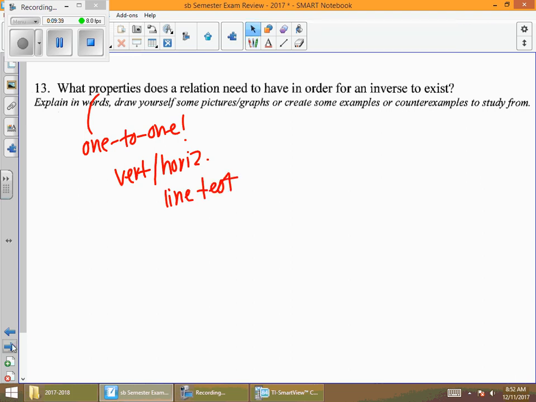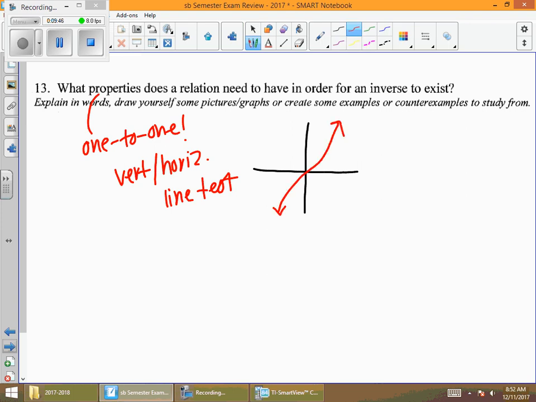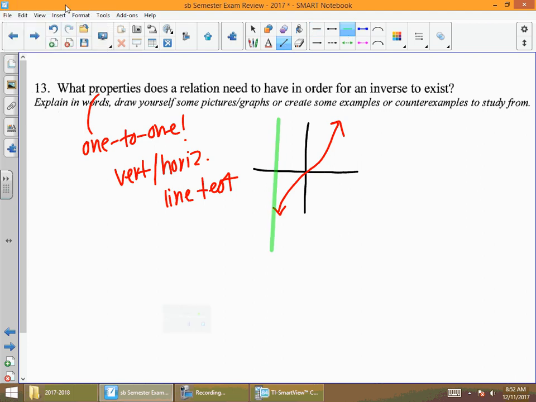So if you had a graph that looked like this, for example, if you move a vertical line through it, it passes the vertical line test. And if you take it and rotate it, it'll also pass the horizontal line test. So this graph would have an inverse that exists.